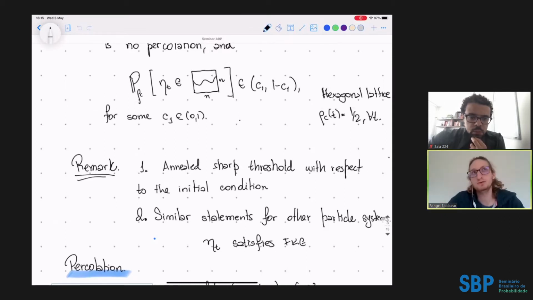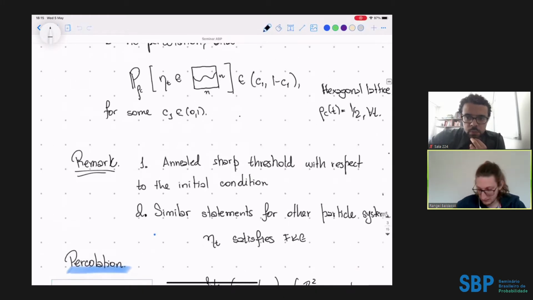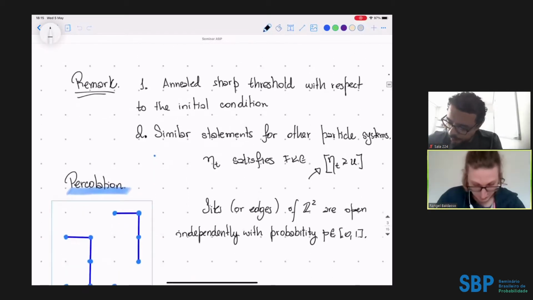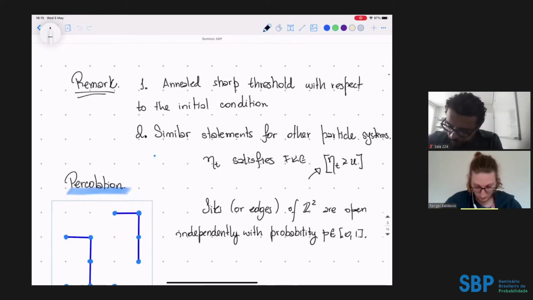I suppose you could do something like that and then look for percolation of the level sets, something of this sort. I think it should kind of work in this case too. But I'm not completely sure that everything would work out fine.